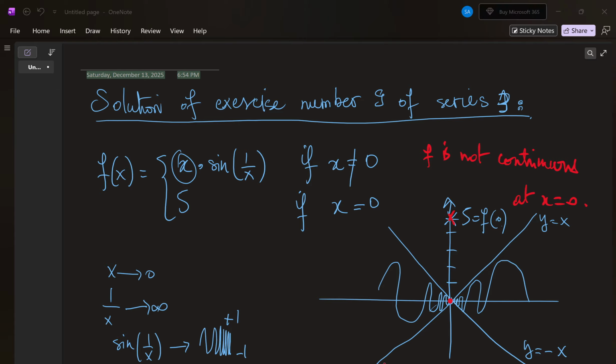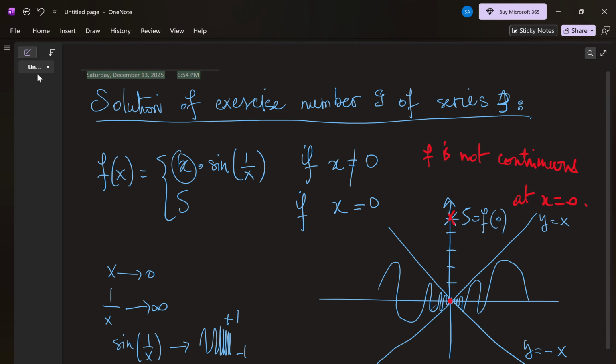So the question of this exercise is: show using the definition of limit that f of x tends to 0 as x tends to 0. Then deduce that f is not continuous at 0, and can you define f of 0 such that the function f will be continuous at x equals 0?